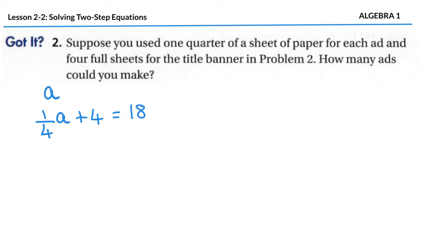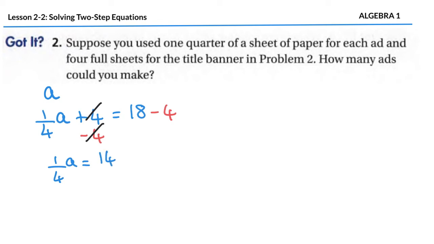So now from here, can you move on doing the problem? Which is the operation that you're going to remove first? It's plus 4. How? Minus 4 on both sides. So plus 4 and minus 4 cancel. We are left with 1/4 A is equal to 18 minus 4, which is 14.